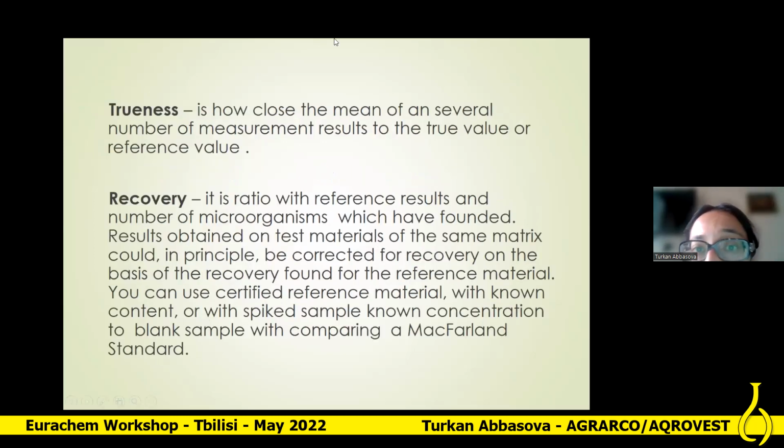Trueness is how close the mean of several measurement results is to the true value or reference value. At this point, laboratories especially use CRMs, certified reference materials, or spiked materials, also using the reference materials.